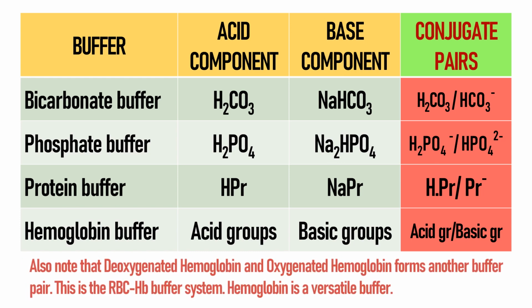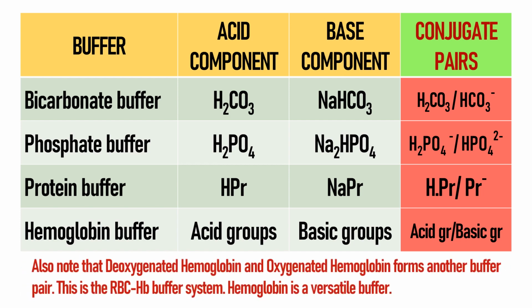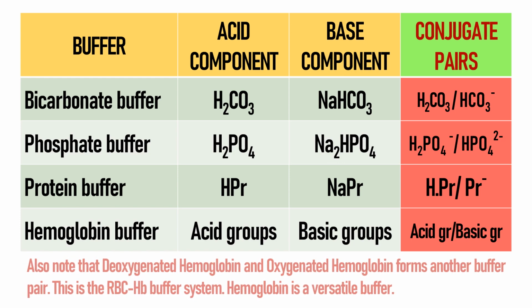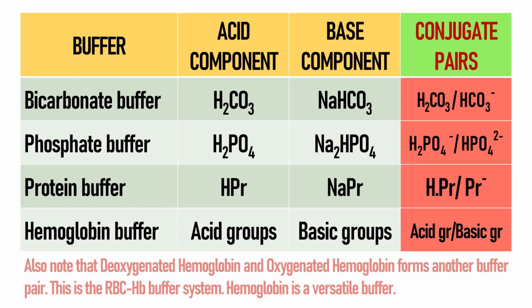When there is excess of carbon dioxide in blood, carbon dioxide reacts with amino groups of hemoglobin to form carbaminohemoglobin. Also note that deoxygenated hemoglobin and oxygenated hemoglobin forms another buffer pair known as the hemoglobin buffer system. Hemoglobin is therefore another versatile blood buffer system.